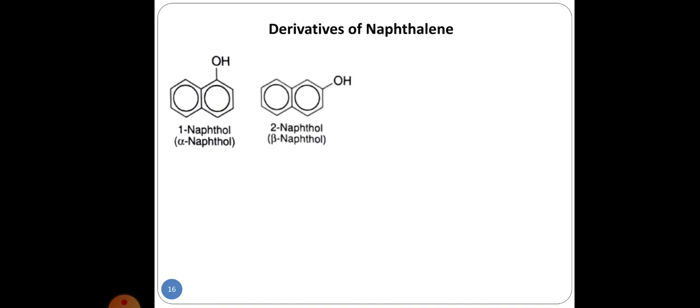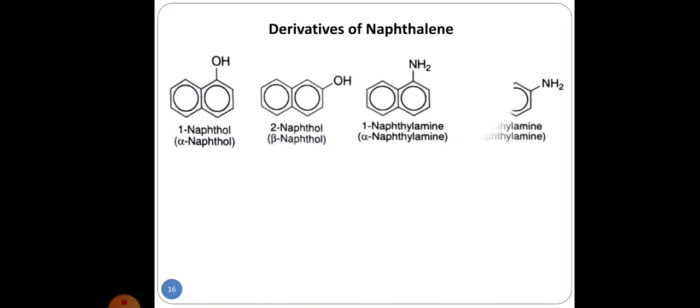The first one is 1-naphthol, which is also known as alpha-naphthol. Here is the second one, 2-naphthol, which is also known as beta-naphthol. The third one is 1-naphthylamine, also known as alpha-naphthylamine. And next is 2-naphthylamine, also known as beta-naphthylamine.